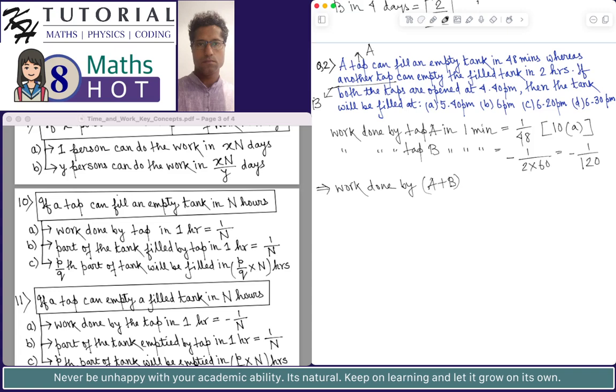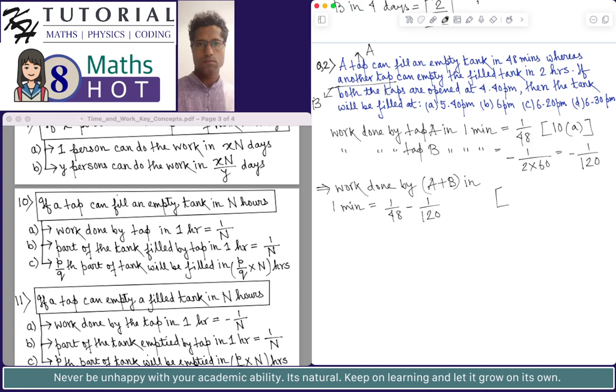Work done by A plus B in 1 minute will be the work done by tap A in 1 minute plus the work done by tap B in 1 minute, which is 1 by 48 minus 1 by 120.